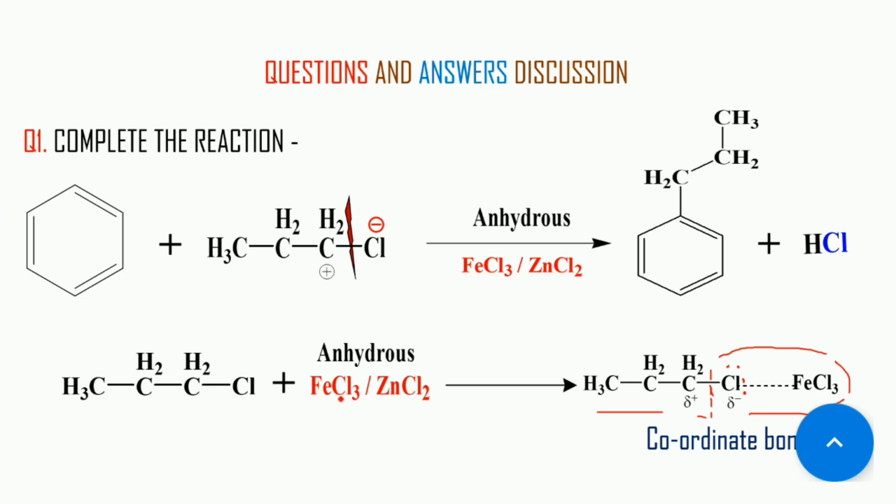Who doesn't know that FeCl₃ and ZnCl₂ cannot rearrange the carbocation, and also fission is not there in the presence of FeCl₃ and ZnCl₂. It's just sharing its lone pair through a coordinate bond. So this concept you have to know. Otherwise, if you change the Lewis acid and you don't know their capability, that will be a problem for you.